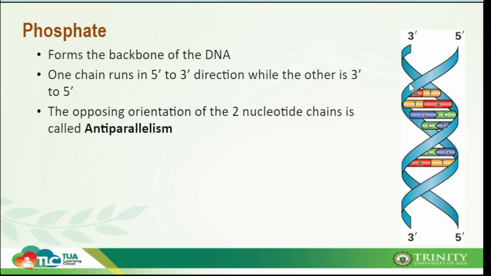The 5 prime is attached to an A, T, a G, and a C, and then later a G and a T. Yan yung mga nucleotides attached to it. But when you look at your 3 prime to 5 prime, starting at the bottom now, it also has the same nucleotides: A, C, G, C, A, and T. Parang binaliktad lang, di ba, yung components. Alright? So, we call it anti-parallelism.